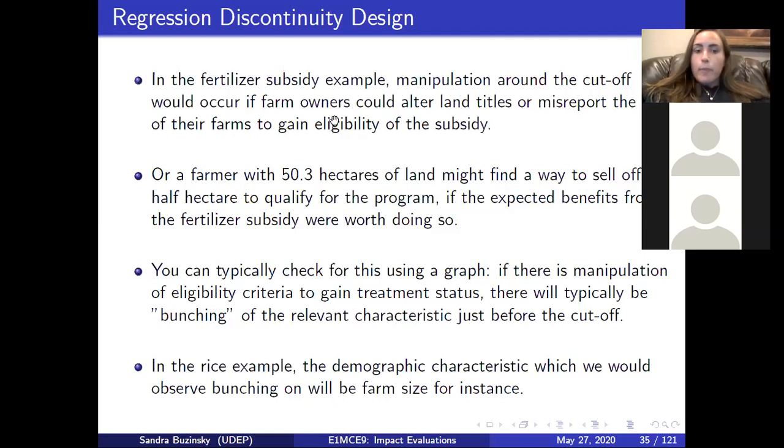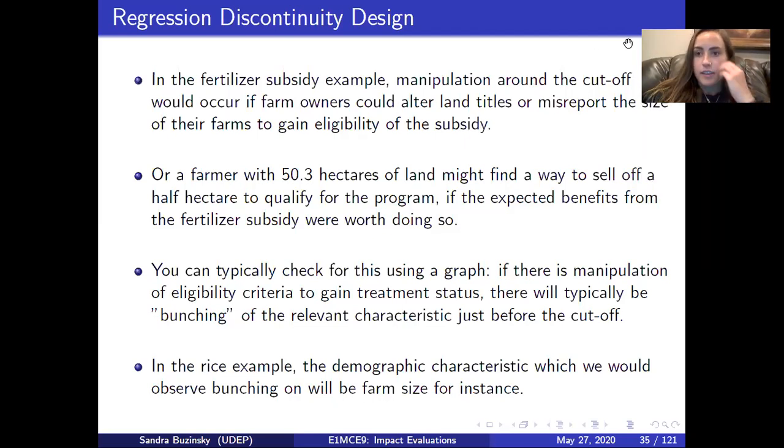So for example, remember the fertilizer subsidy example we talked about on Monday, where these farms would receive a subsidy from the government if they had less than 50 hectares of land. So manipulation around the cutoff would occur if farm owners could alter land titles or misreport the size of their farm to gain eligibility.